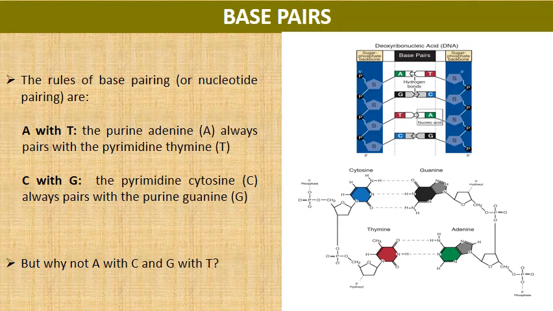We see 2 dotted lines between adenine and thymine and 3 dotted lines between cytosine and guanine, indicating 2 hydrogen bonds between thymine and adenine and 3 hydrogen bonds between cytosine and guanine. These are the base pairing rules.